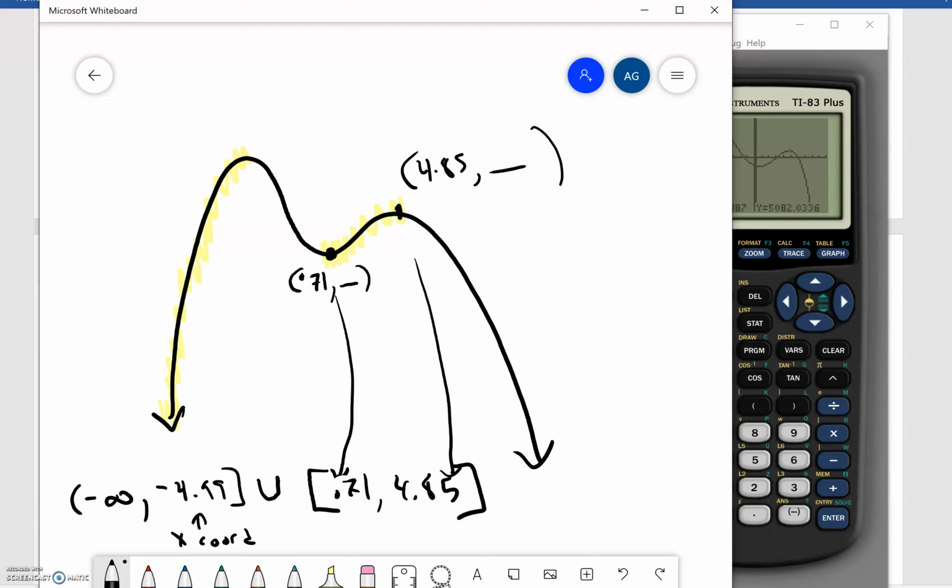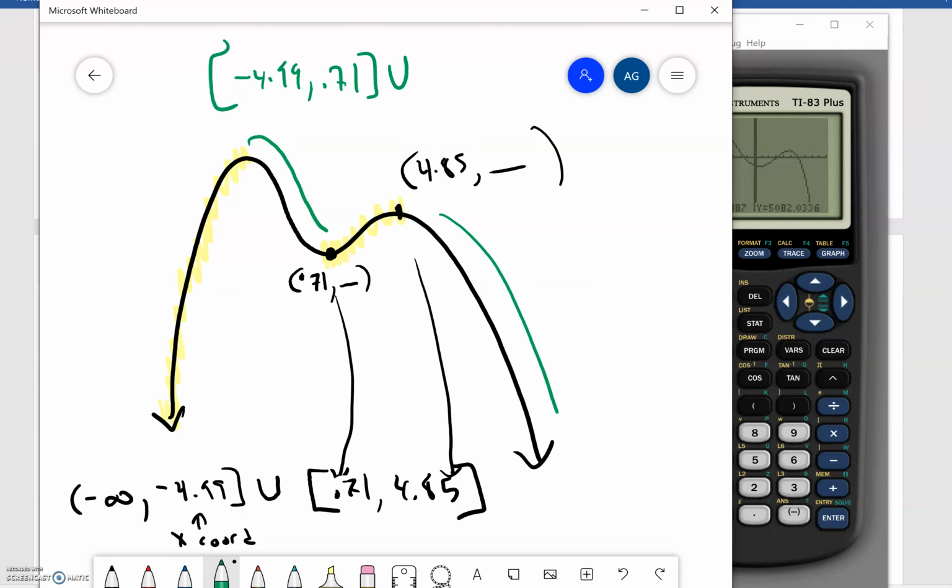So where is it decreasing? Well, everywhere else. So it's going to be decreasing here and here, which again is going to be x coordinate intervals. So that's going to be from minus 4.99 up to 0.71 union 4.85 up to positive infinity.